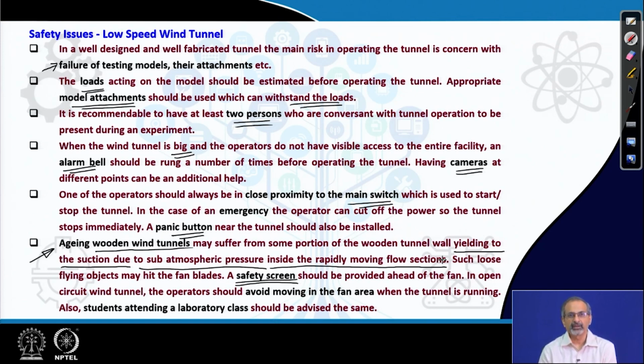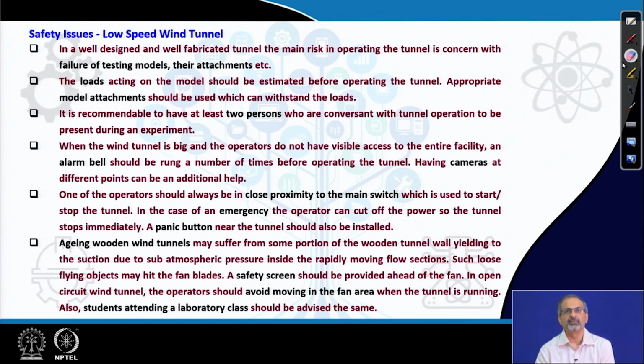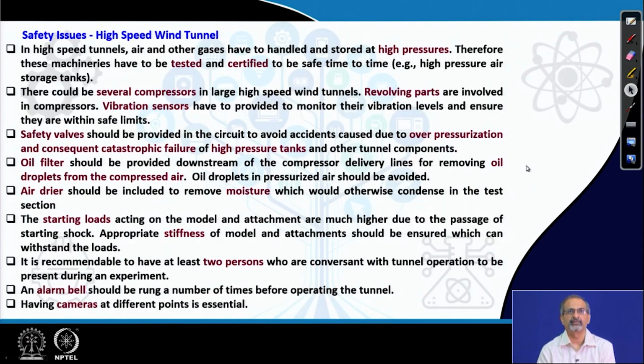Thereby safety screens should be provided ahead of the fan, and in open circuit wind tunnels the operators should avoid moving into the fan area when the tunnel is running. When students are attending laboratory classes, they are also advised that you should never be moving close to the fan area for open circuit tunnels. So, these are some of the safety issues associated with low speed wind tunnels.